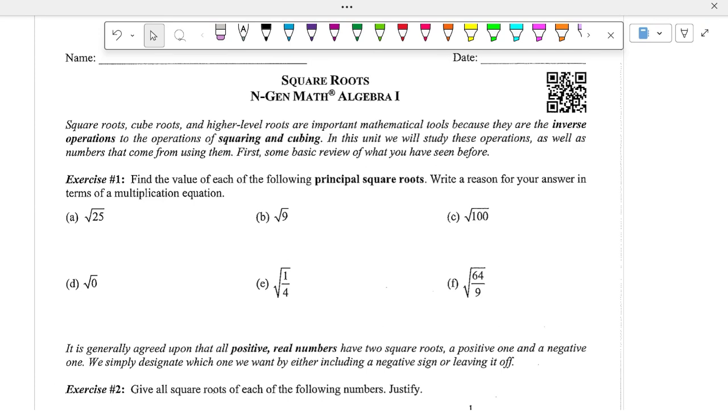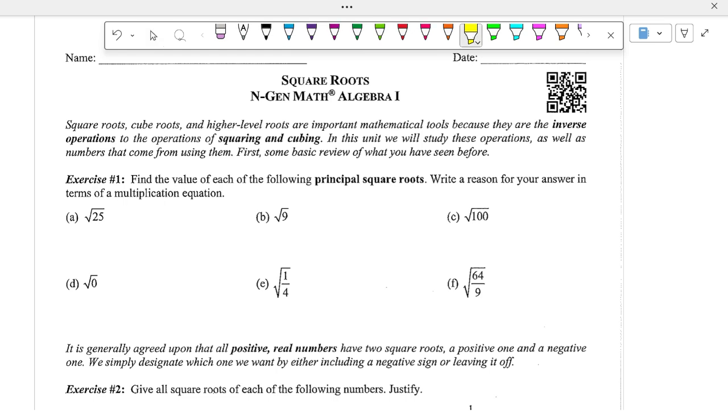It does relate to perfect squares, though. If I asked you what the square root of 9 is, what would you tell me? What's 3 squared? 9. So doesn't a square root undo a perfect square? It's not division. A square root undoes a perfect square. That's what it does. If you square something, a square root will undo that.